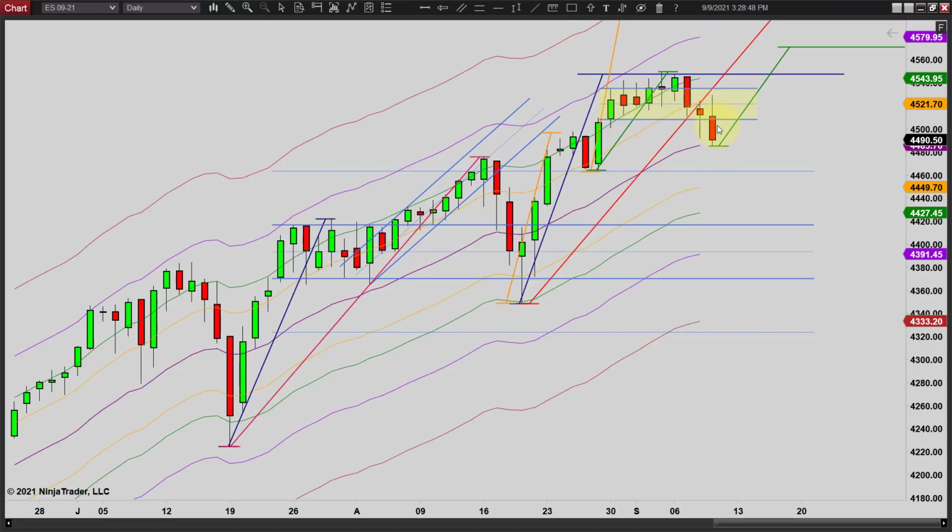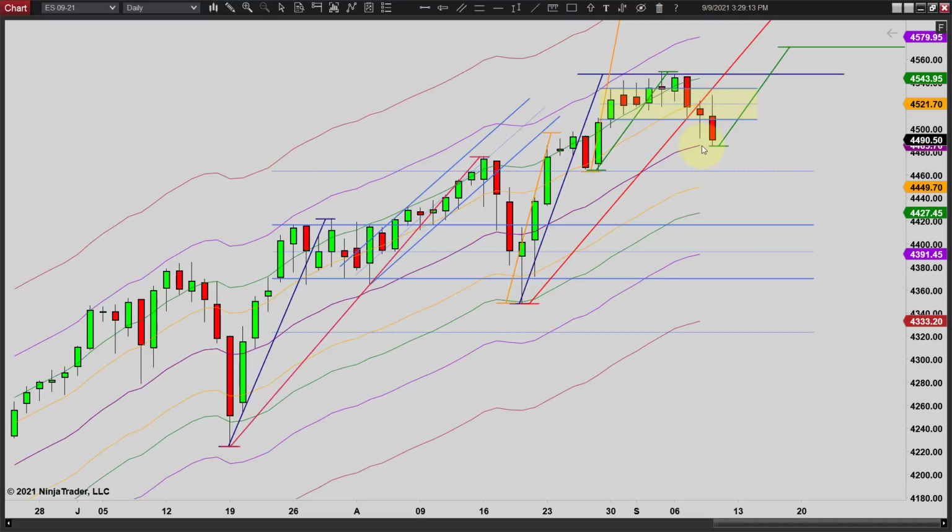But this was a really odd day because we started off so strong to the upside and it just petered out, and then it was so strong to the downside. So really an interesting day to start off that strong and end that bearish. I mean, that is a very bearish reversal bar, so I wouldn't be surprised if we go lower.